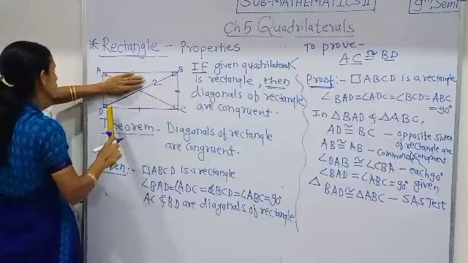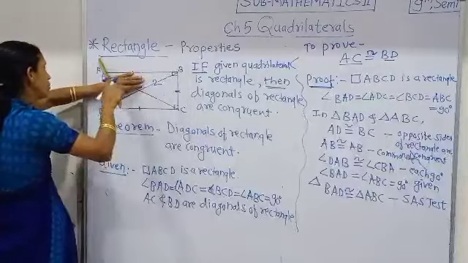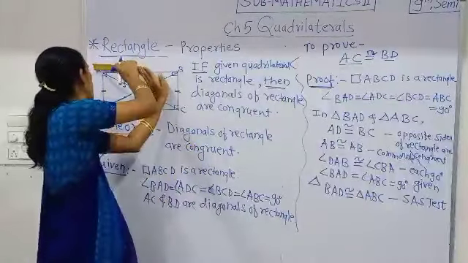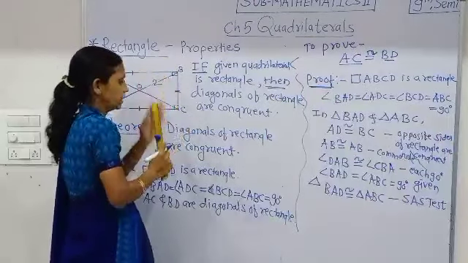Therefore, side BD of triangle BAD is congruent with side AC of triangle ABC.